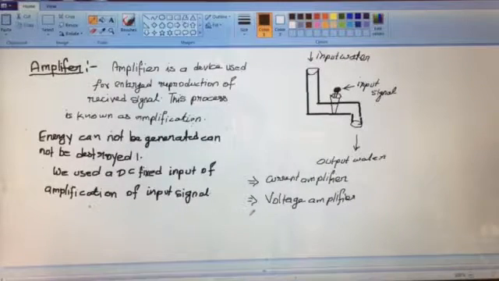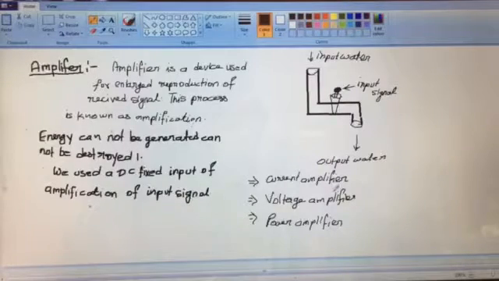And third, power amplifier. A current amplifier is the amplifier which will improve the current. A voltage amplifier will improve the voltage of the input signal in the output, and the power amplifier is used for increasing the power of the input signal.